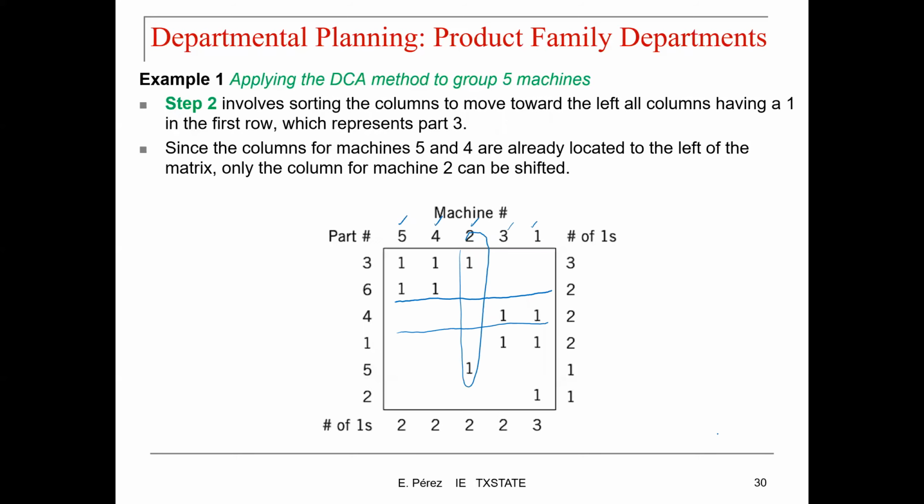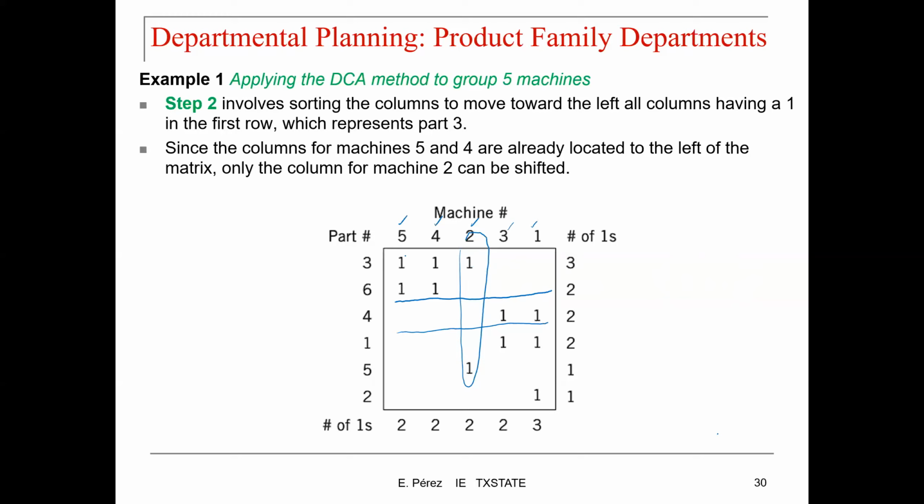So if we go back, for step 2 we were looking at the rows, and we were trying to move to the left. For step 3, we are looking at the columns, and we are trying to move upwards.